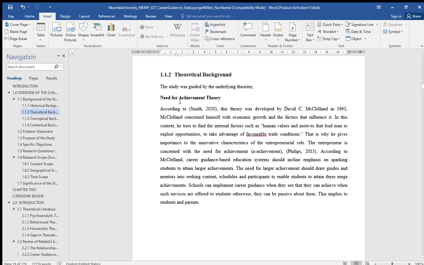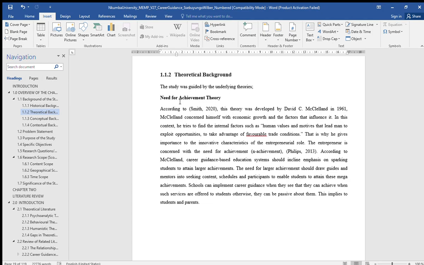Okay then. Now here I am on the theoretical background. In the theoretical background, we look at the main theories in the history, or those theories that you think are the drivers of your study. They are the drivers of your study that you can lean on to defend that your study is valid. Researchers want you to show that there are theories to defend or support your study.